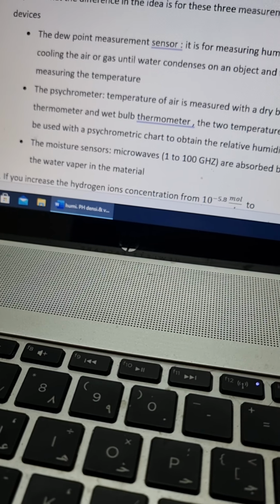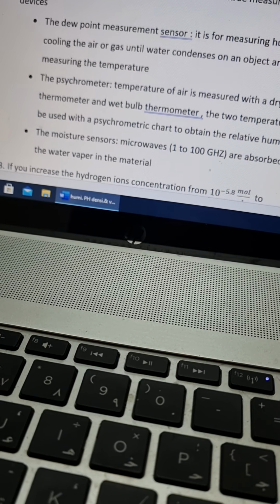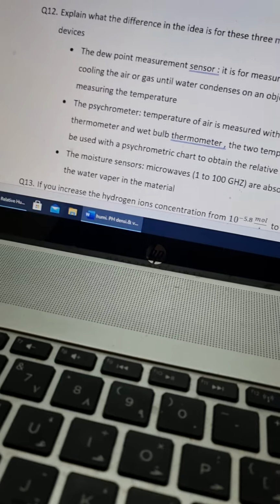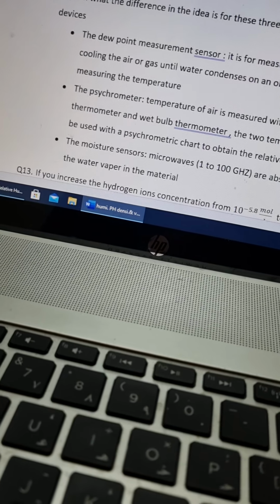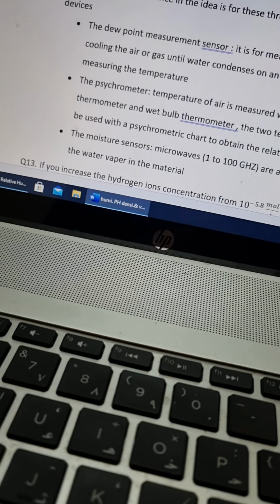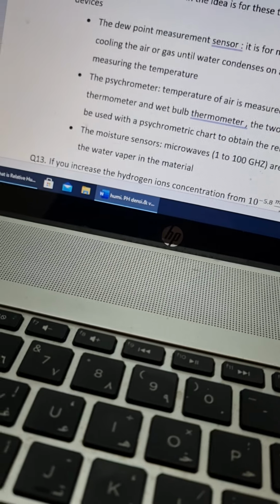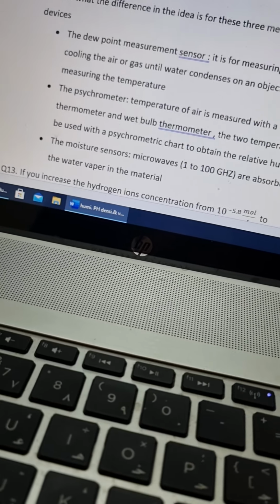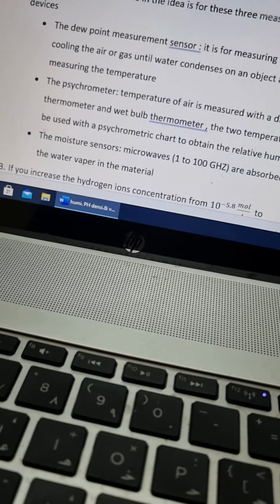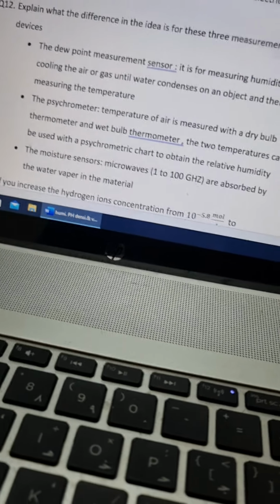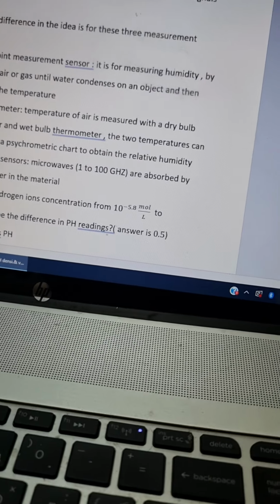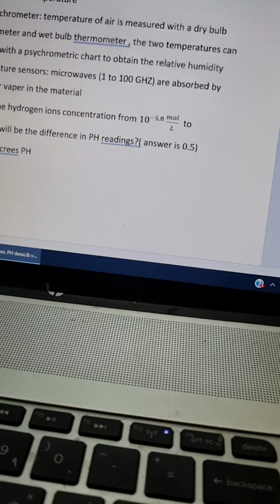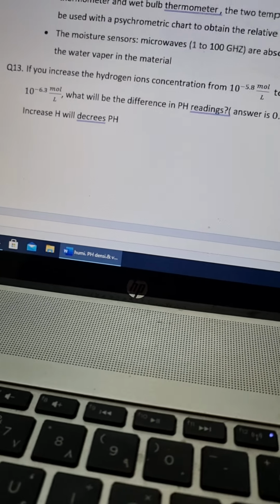The two temperatures can be used with a psychrometric chart to obtain the relative humidity. And we have the moisture sensor. It uses microwaves from 1 to 100 GHz, which are absorbed by the water vapor.